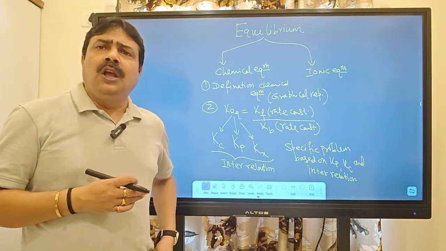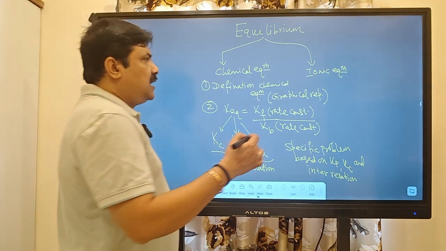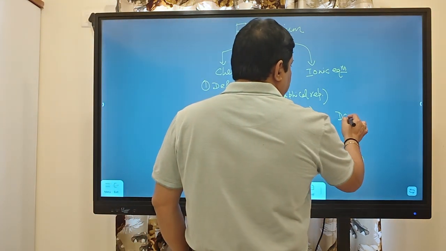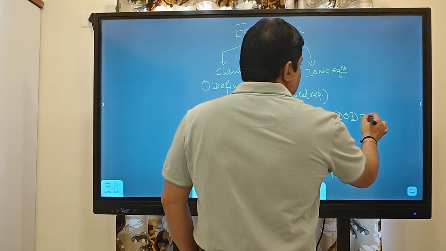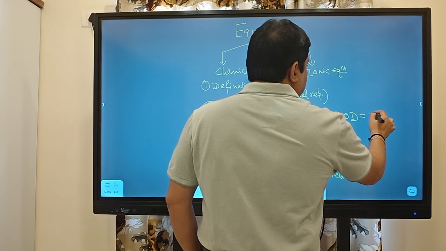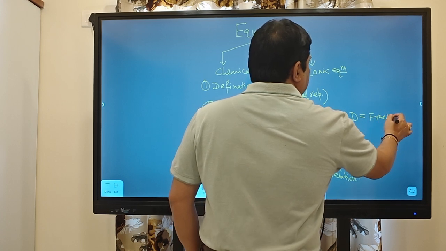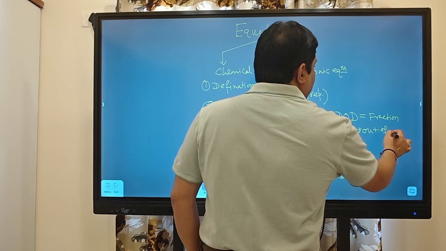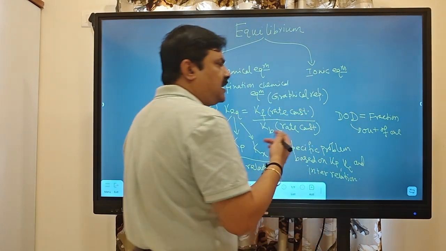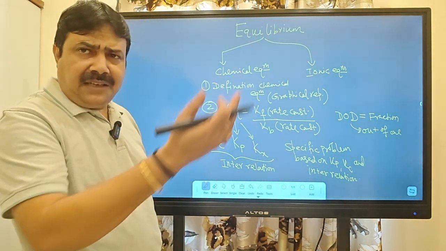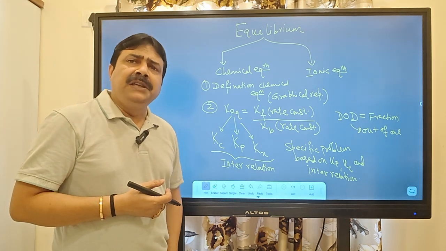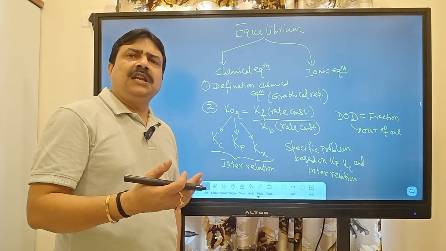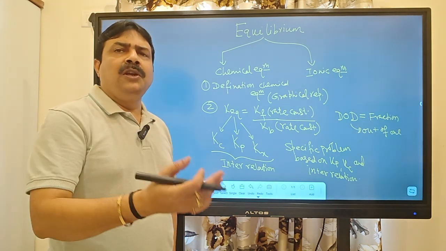Then we need to go to degree of dissociation. DOD you need to know. DOD always is a fraction, which means it will be out of 1. Suppose they say DOD is alpha, DOD can be expressed by any symbol, but meaning wise, out of the total number of moles, how many moles are dissociating?